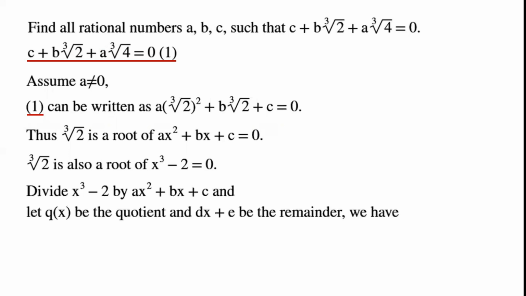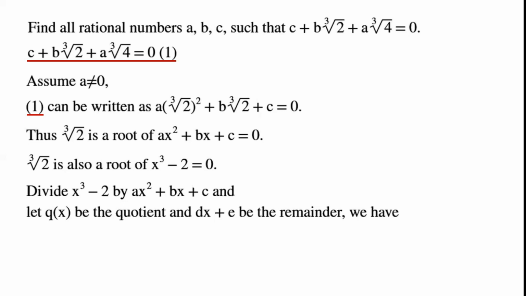Divide x cubed minus 2 by ax squared plus bx plus c, and let q of x be the quotient and dx plus e be the remainder.